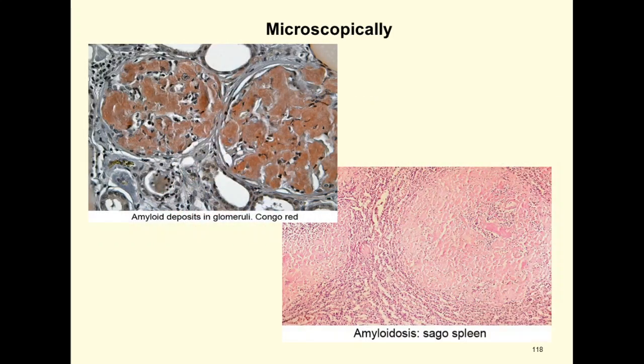Microscopically, you see the accumulation of unstructured pinkish masses, pinkish due to the HE staining, in the spleen, and reddish masses in the glomeruli, because this is a specific stain with Congo red. I underline again, amyloidosis as a possible autoimmune problem.